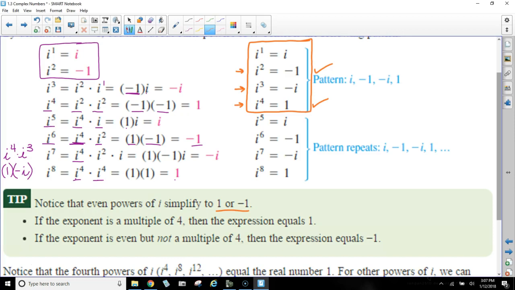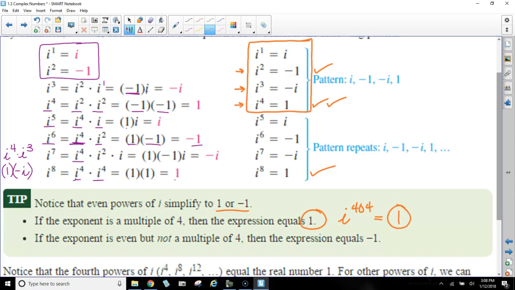When the exponent is a multiple of 4, i to the fourth, i to the eighth, i to the 12th, i to the 16th, to the 20th, to the 24th, if it's i to any multiple of 4, then it's going to simplify to be 1. So i to the 404th, that's a multiple of 4, that would simplify to be 1.